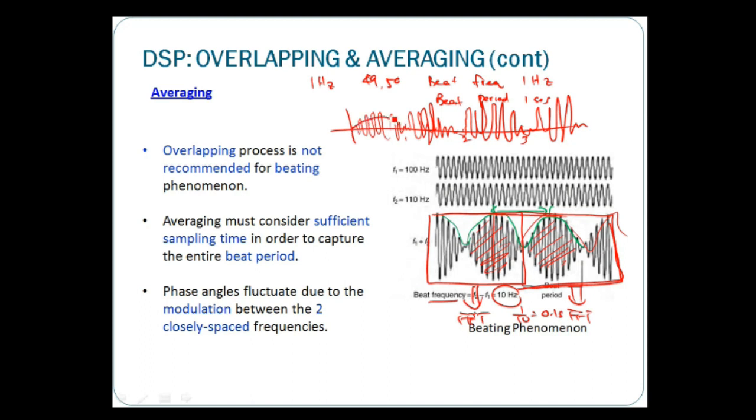So you will see a period like this, which is at 1 second. Some sort of this will happen, and if that is the case, then overlapping is not suitable. Or for transient signals like what you have learned earlier, you also don't do overlapping.